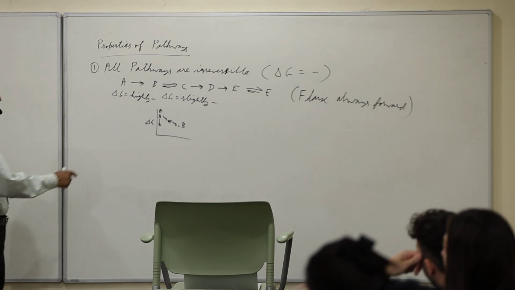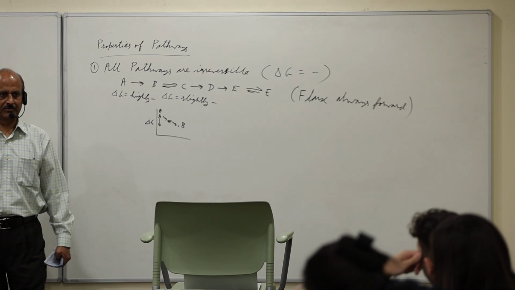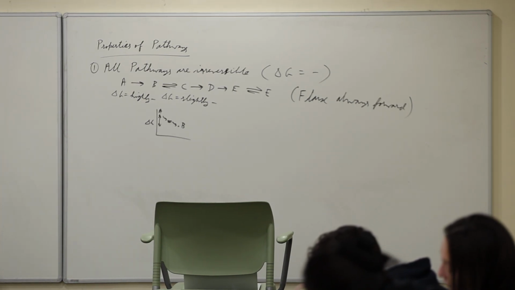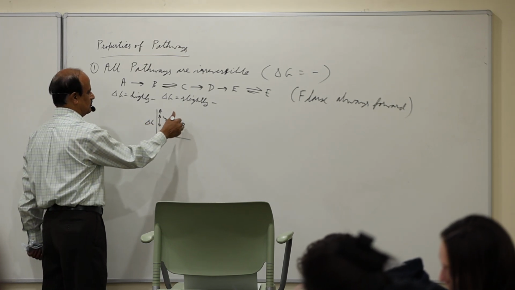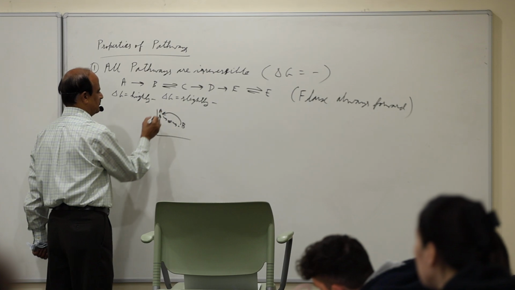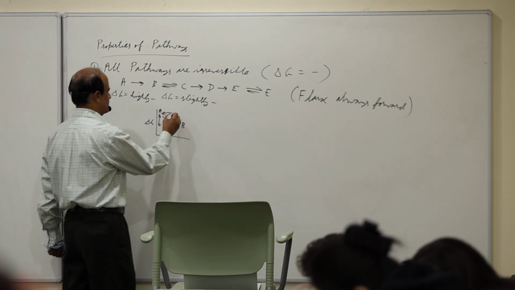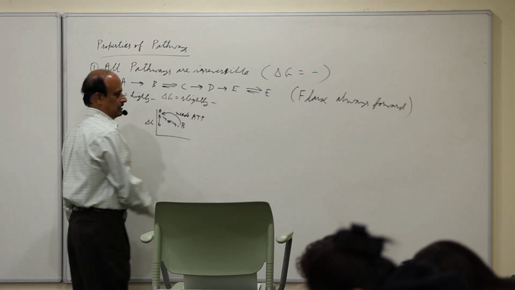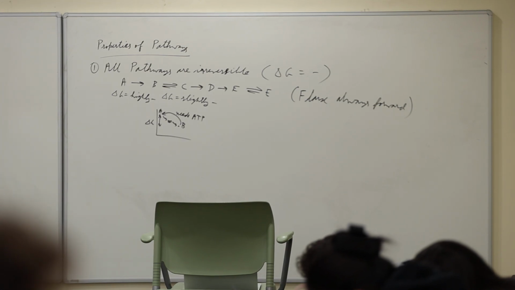Now, if you want to go from B to A, you cannot go in the reverse direction. Where will the energy come from? You have to gain energy. And so, going in the reverse direction, you cannot use the same enzymes of this pathway. You must use different enzymes to go from B to A, because it will require energy. So it needs ATP, and that means the substrate is different, and so the enzyme must be different.